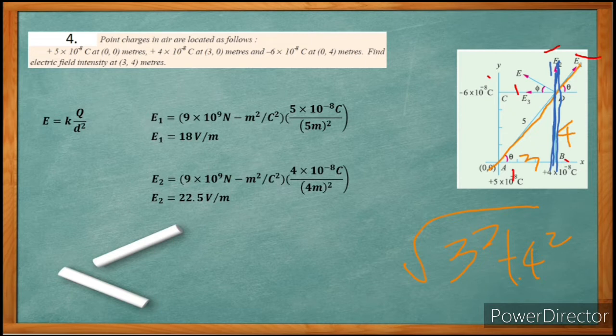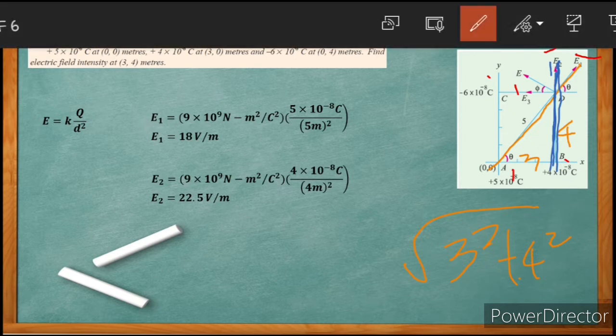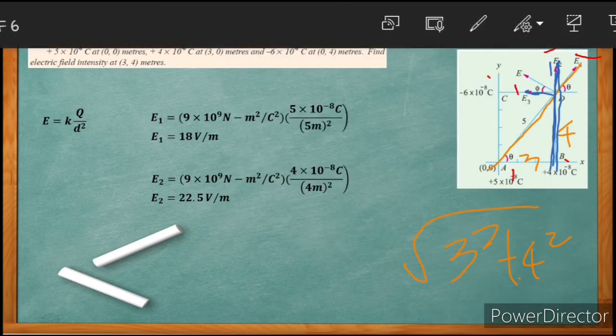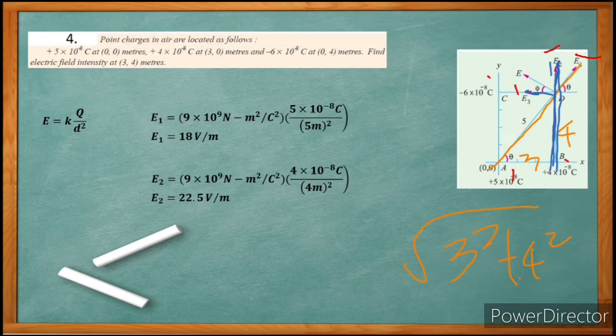Now let's find the value of the electric intensity at point C. For electric intensity 3, we have 9 times 10 raised to 9 newton meter squared per coulomb squared times the point charge at C, which is negative 6 times 10 raised to negative 8 coulomb, over the distance of 3 meters.